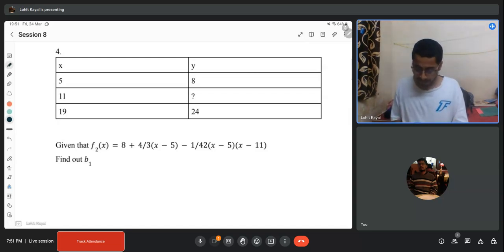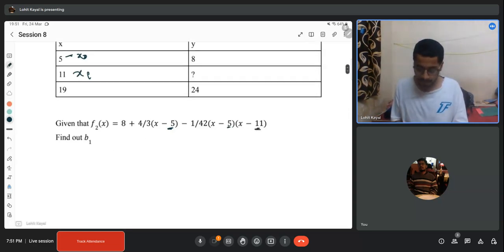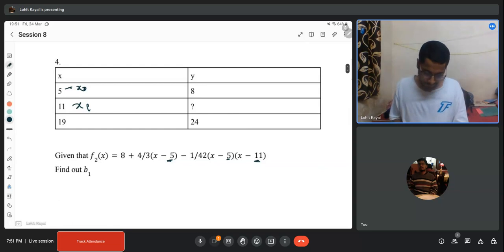How can you do that? Just check that this is 5. That means this is x naught, this is x1. And what is the general form? The general form is f2.